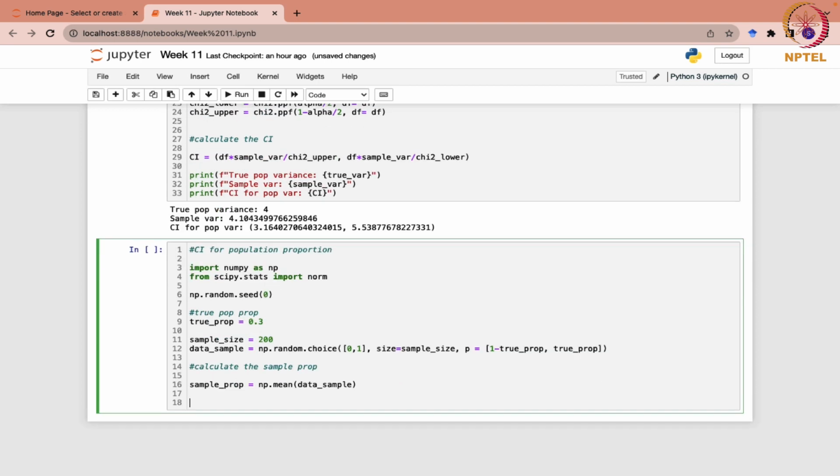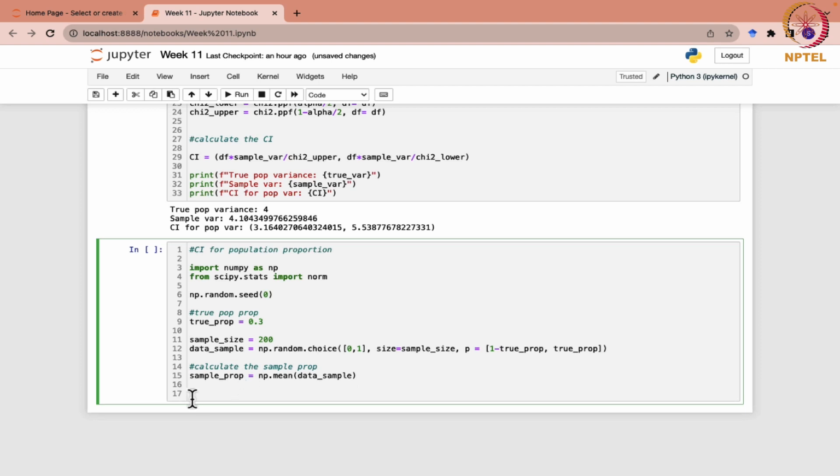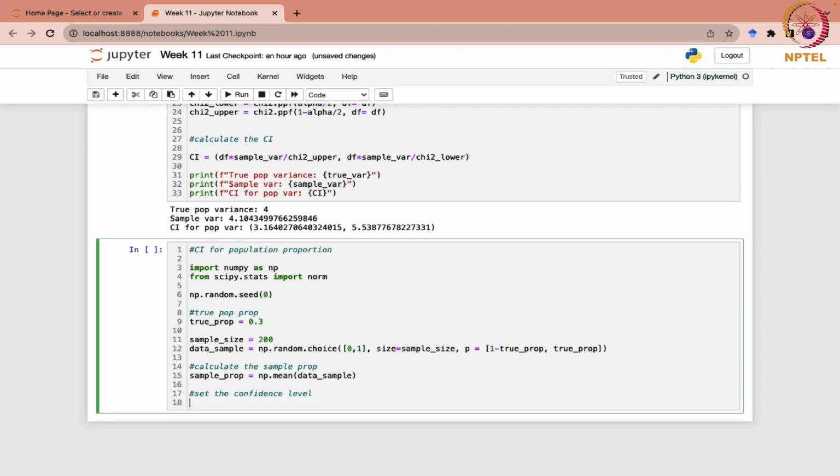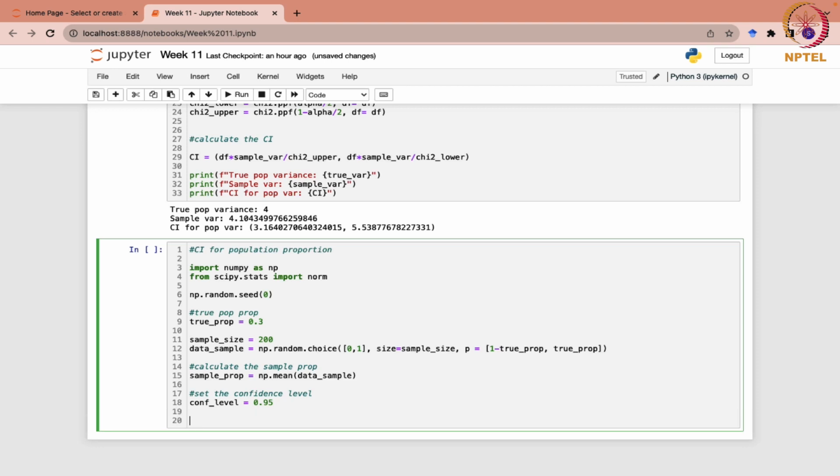Then we will set the confidence level, which would be 0.95. For your critical value, we will calculate the critical z value, because in binomial, you can recall, we use the normal distribution because of the approximation that we studied.